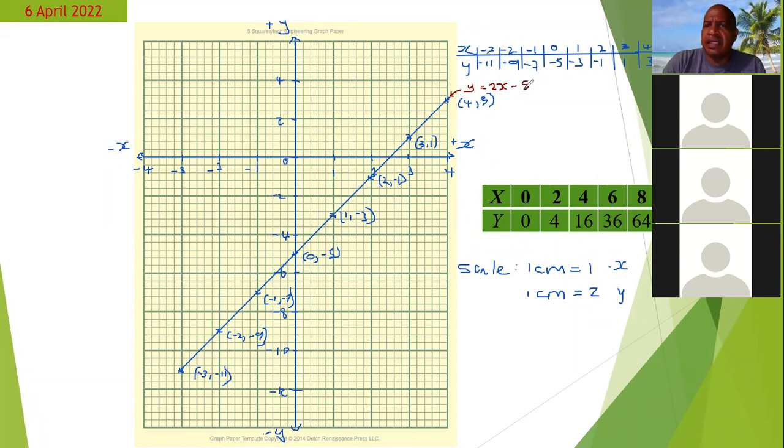All right, because that was the equation that you used to calculate the values in the table. And so when you plot the graph, that straight line represents the graph of that equation, y equal to 2x minus 5.